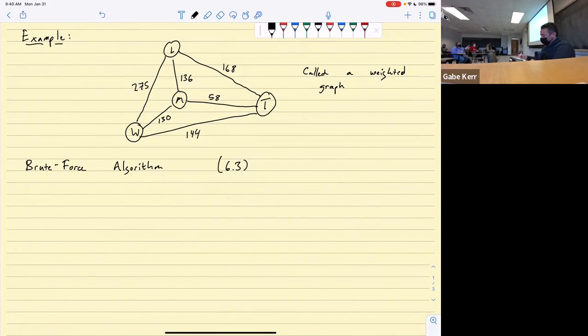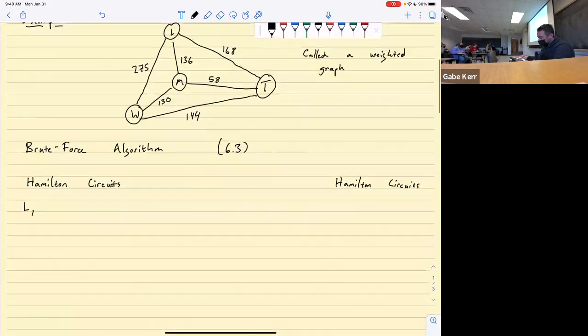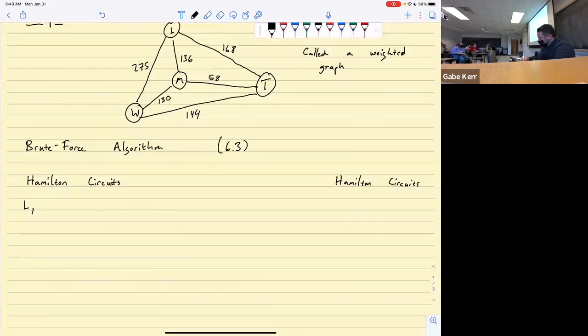We can write them down. So let me write them down. I'll write Hamilton circuits. I write them down in a very funky looking way. Here's my list. So L, M, so I go from Lincoln to Manhattan to Topeka, Wichita, back to Lincoln.